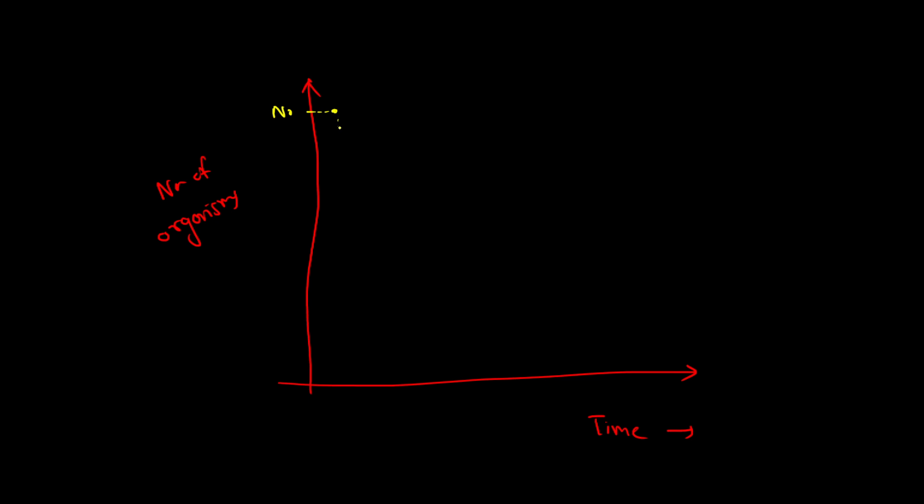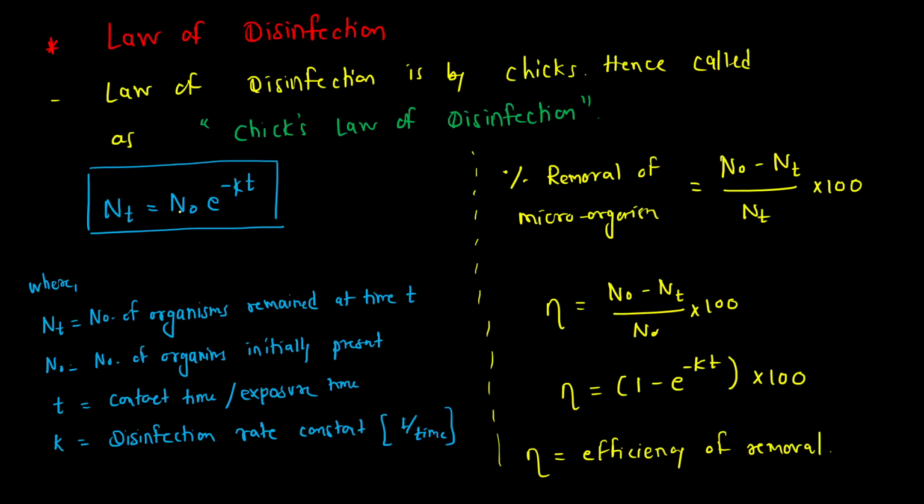Slowly, after adding the disinfectant, it will start killing the microorganisms, and as time increases, the number of microorganisms will decrease. At a time t, the number of microorganisms present is equal to Nt. We can calculate this Nt value using N0 into e to the power minus kt, and these are the remaining formulas.